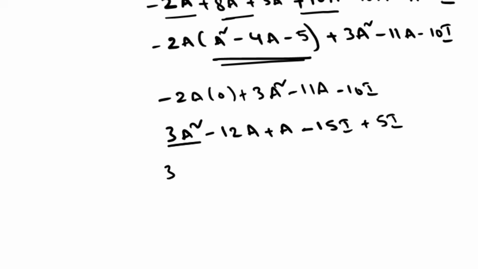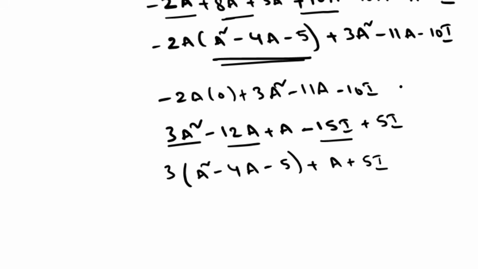Now in these three terms, 3a square, 12a and 15, taking 3 as common, a square minus 4a minus 5. The remaining terms are a plus 5i. Again this term will be 0, which is 3 into 0 plus a plus 5i. This is a plus 5i.